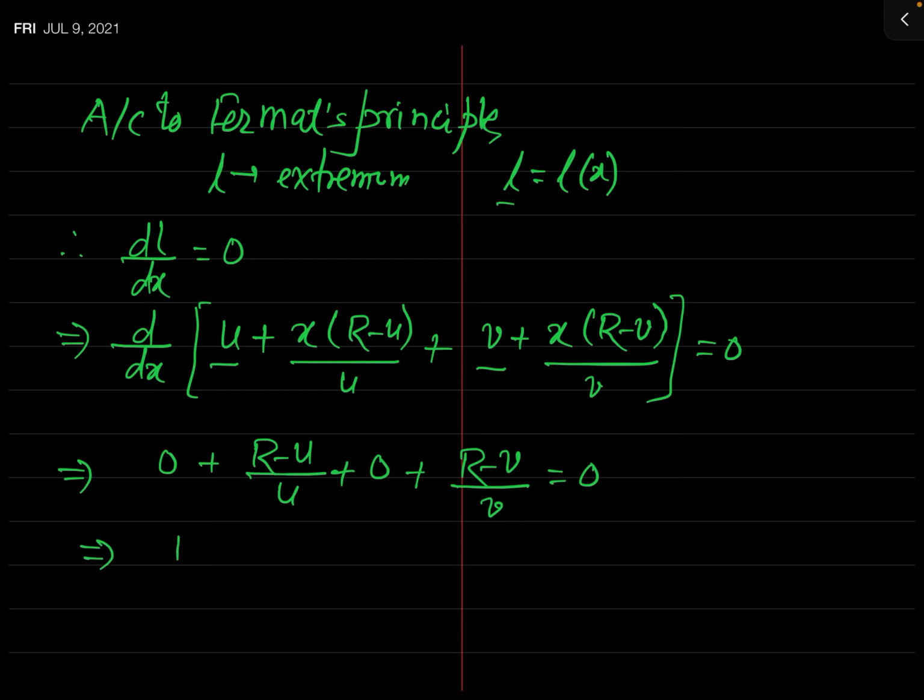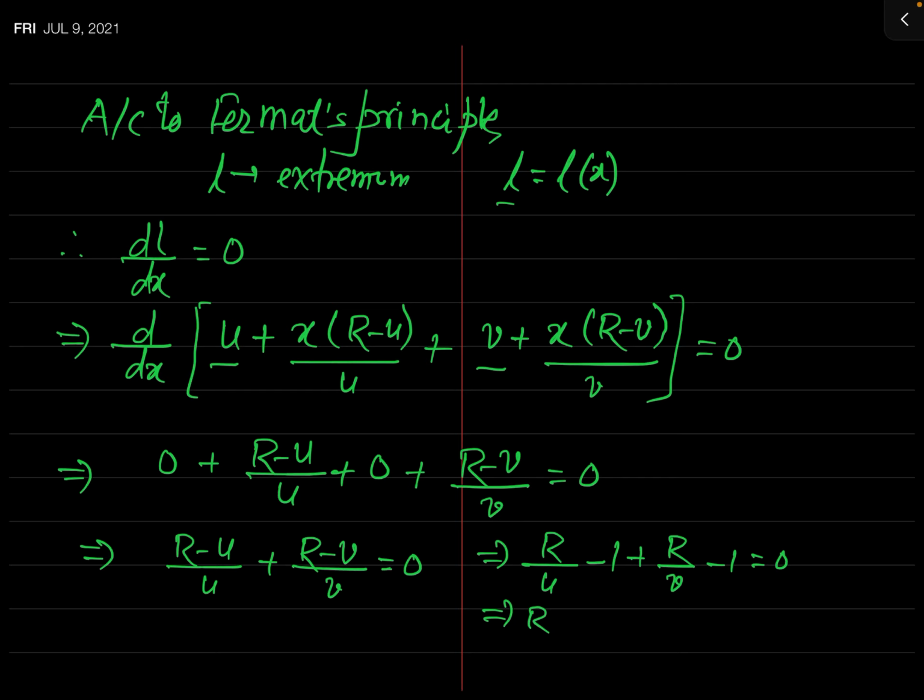So you can see our result is R minus U over U plus R minus V over V is equal to 0. Now let us divide both the terms in the numerator by the term in the denominator. So this will be R over U minus 1 plus R over V minus 1, and this equal to 0.